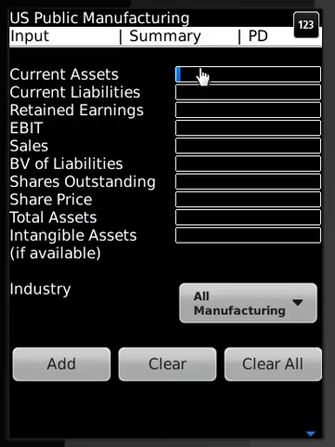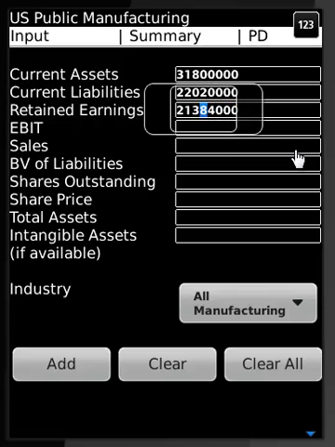So now let us enter the data points: 318000, then 22020000. Then we enter retained earnings 213840000.